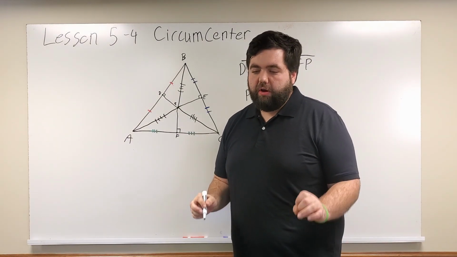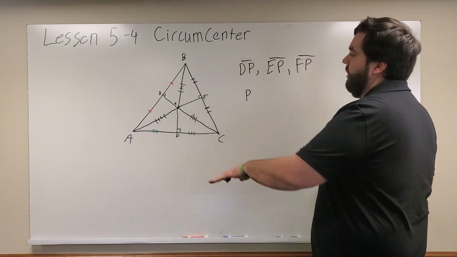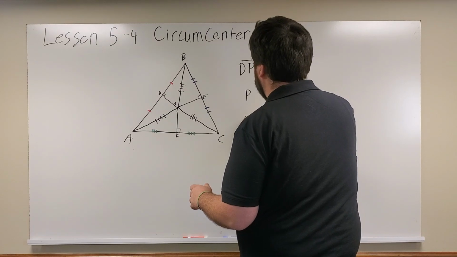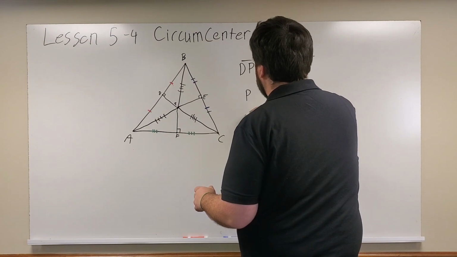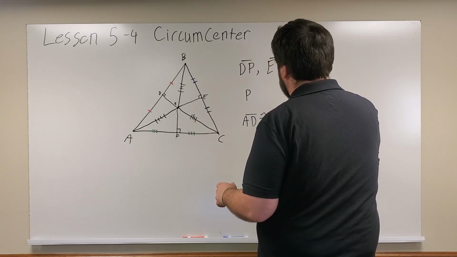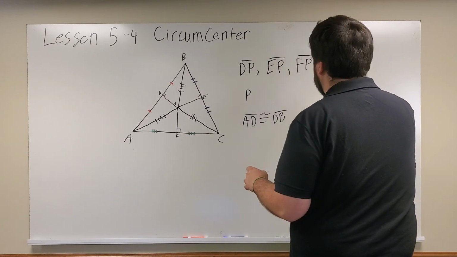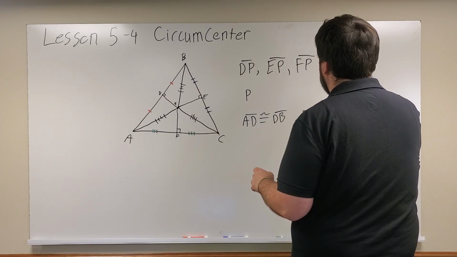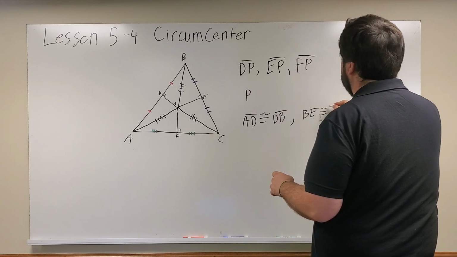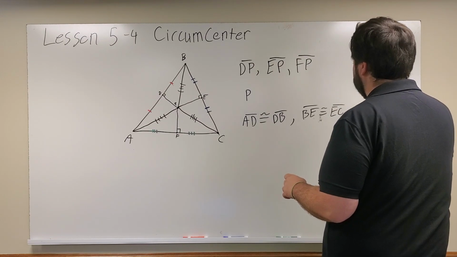Finally, list all congruent segments. So I've marked it off nicely so we can easily go through these. So we have AD is congruent to DB. We have BE is congruent to EC.